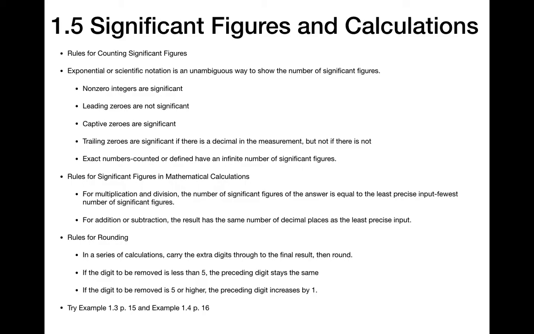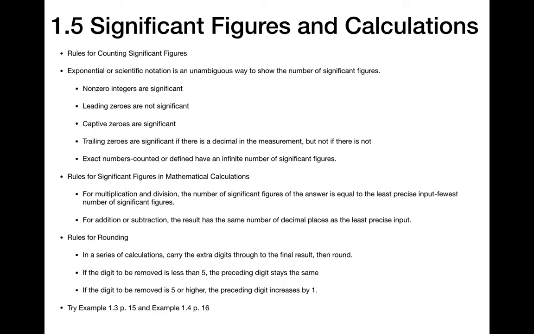I'll start out by saying if your numbers are in exponential or scientific notation, there's an easy way to tell the number of significant figures. It's the part that goes before the times 10 to the power. So if I have 1.62 times 10 to the 7th, the 1.62 are my 3 significant figures.